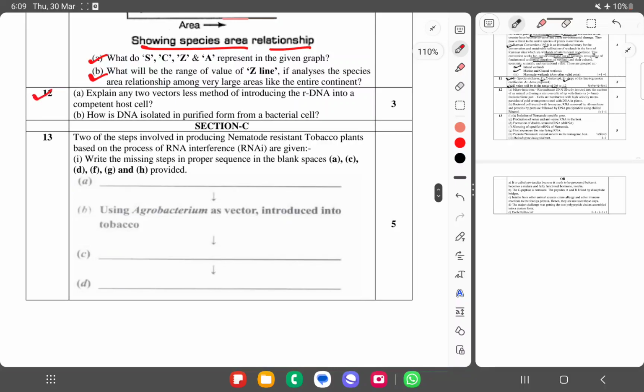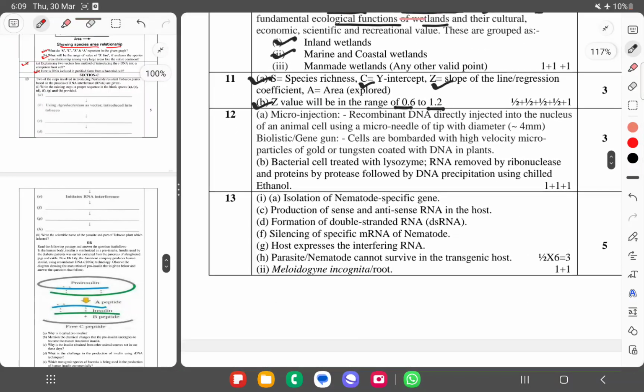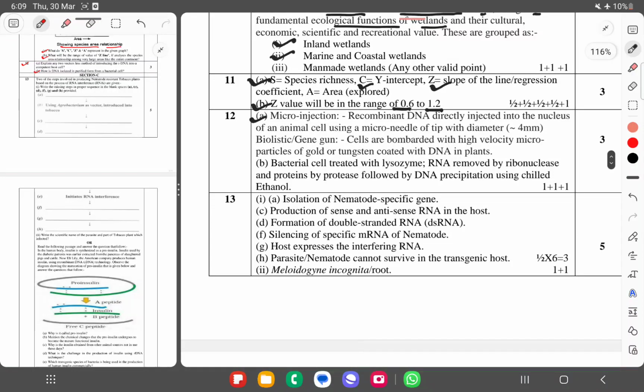Explain any two vectorless methods of introducing rDNA into the competent host cell. How is DNA isolated and purified from the bacterial cell? Microinjection: recombinant DNA is directly injected into the nucleus of the animal cell using a micro needle with a tip of fine diameter.